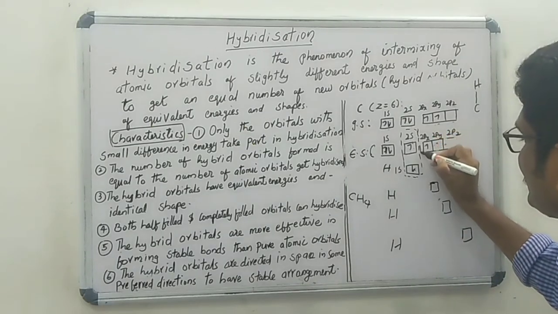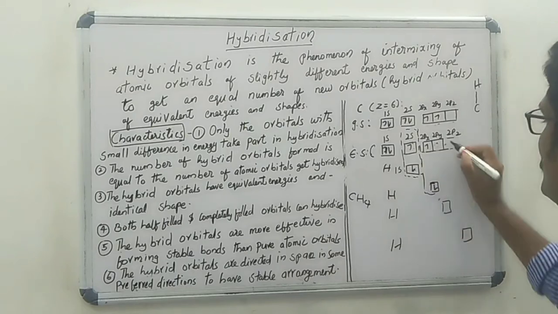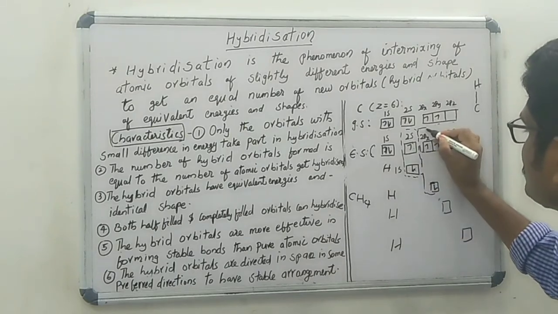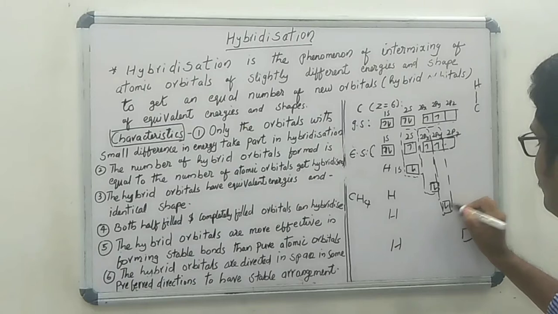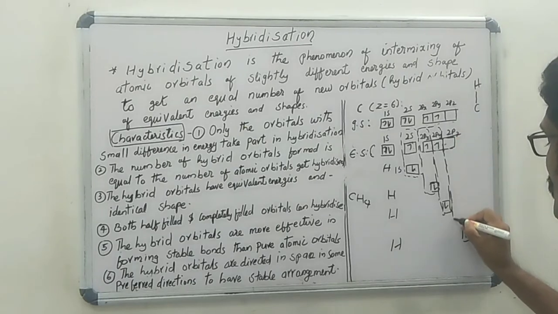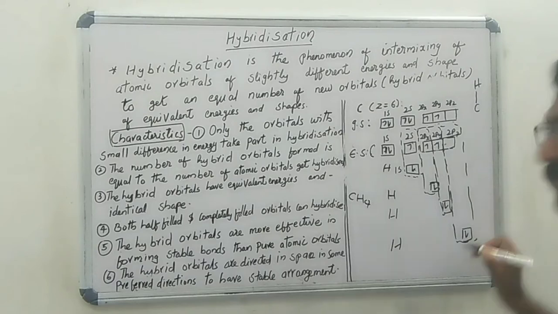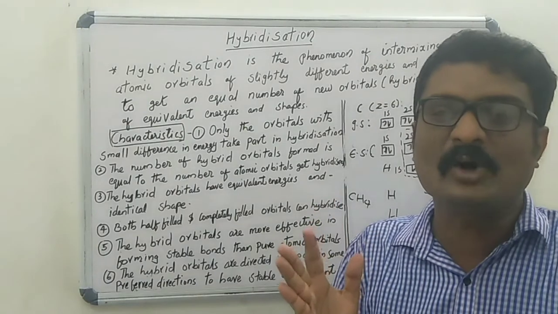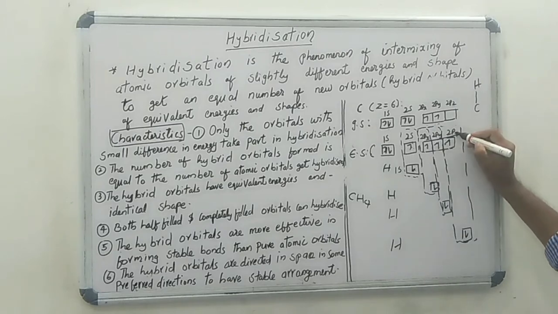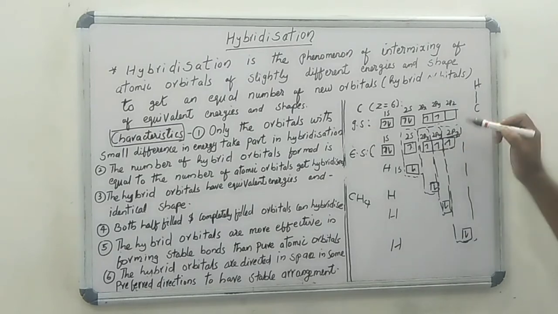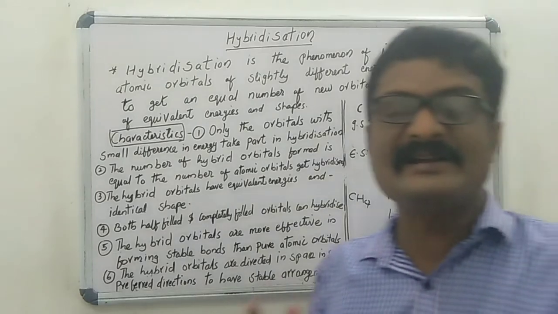The other 3 CH bonds are formed by the overlap of the 2p orbitals of carbon, 1s2, 2s1, 2px1, 2py1, 2pz1, and the 1s orbital of hydrogen.